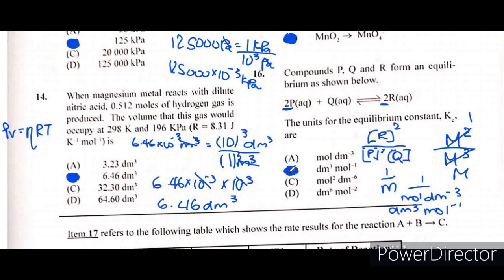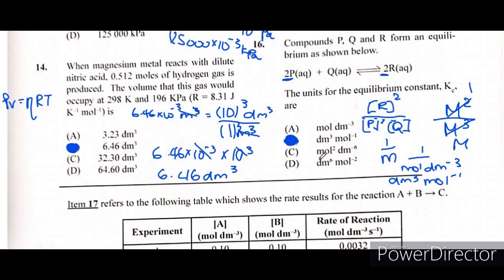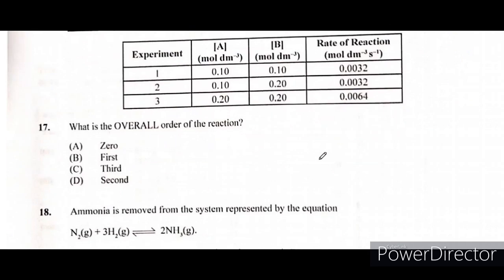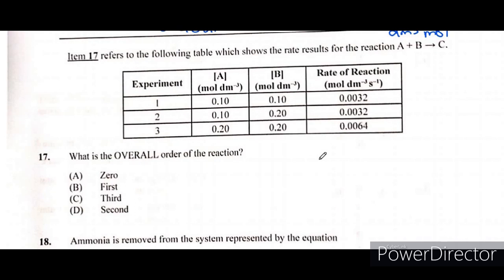Alright, number 17. Item 17 refers to the following table, which shows the rate results for the reaction A plus B changes to C, and we're given the experiments, concentrations, and the rate of reaction, and we're required to find out what is the overall order of the reaction.